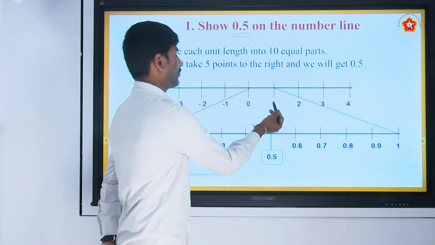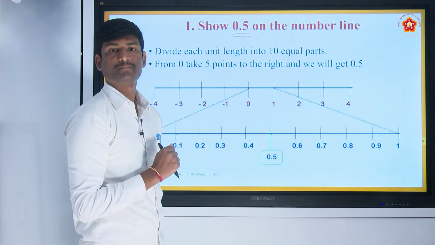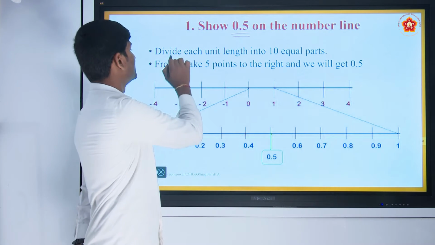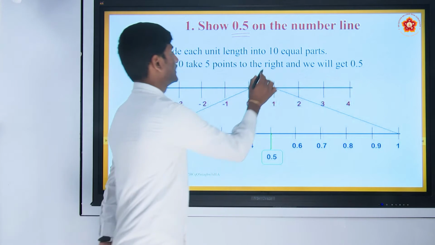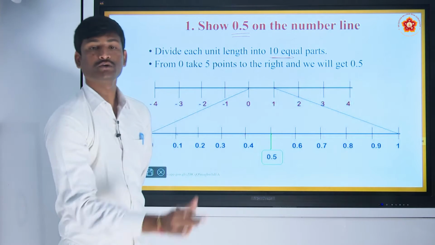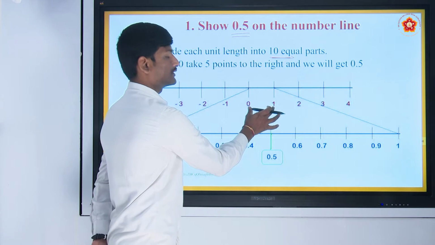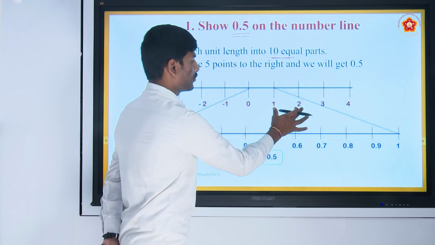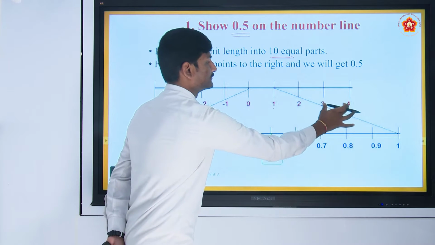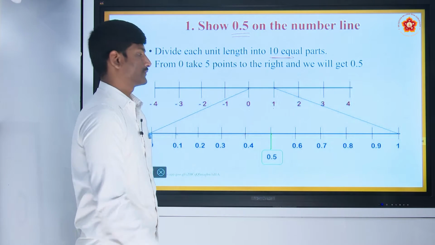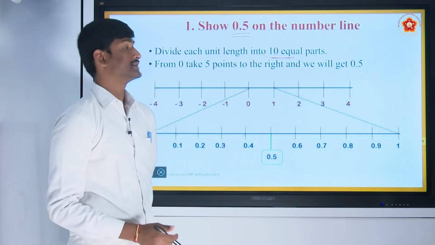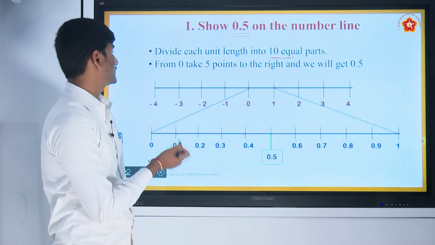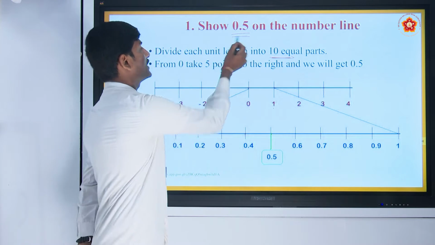Same as 1 and 2 is a 1 unit length. Divide each unit length into 10 equal parts. Then we show 0.5.